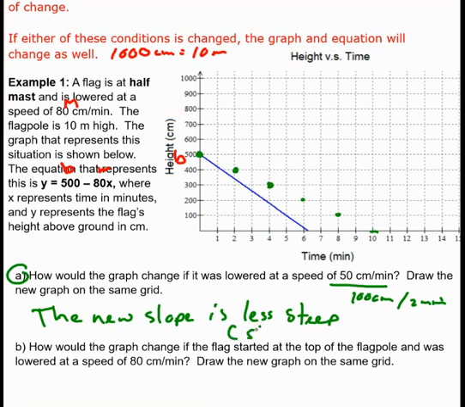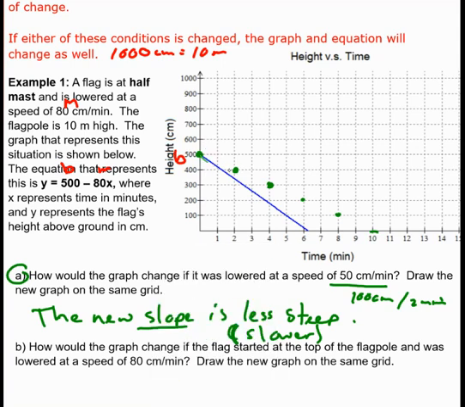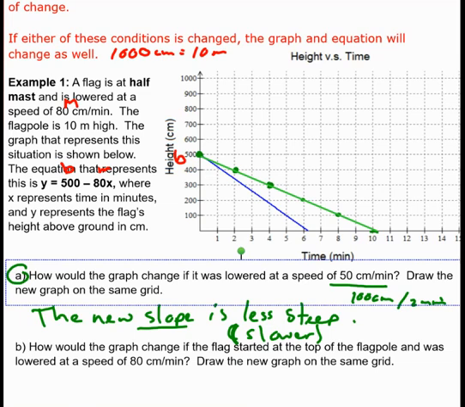It's also slower. Okay, the new slope is, so we can graph that. I'll just add a line there. All right, good. So now we've seen what happens when the rate of change or the slope decreases, it goes less steep.